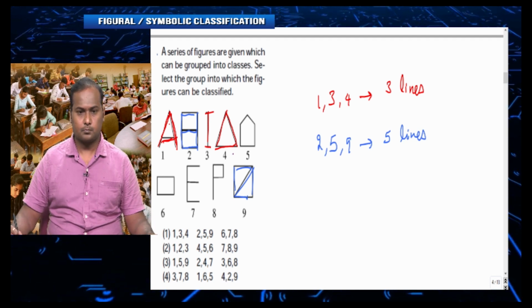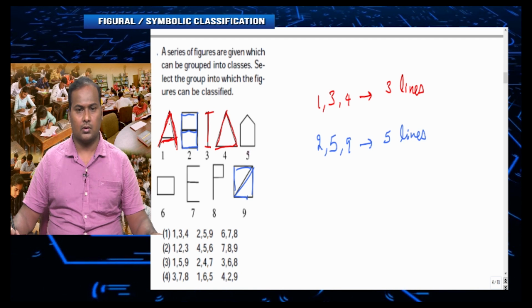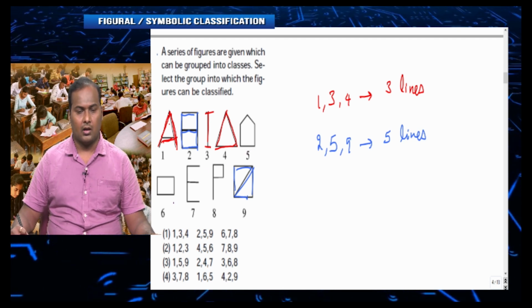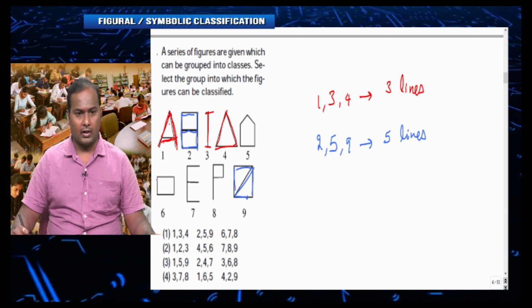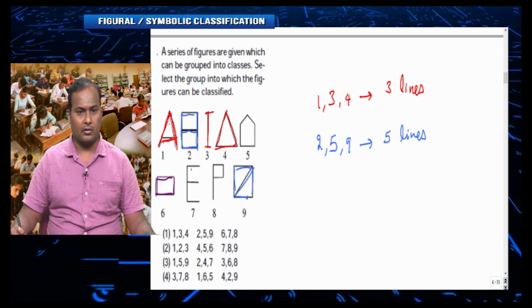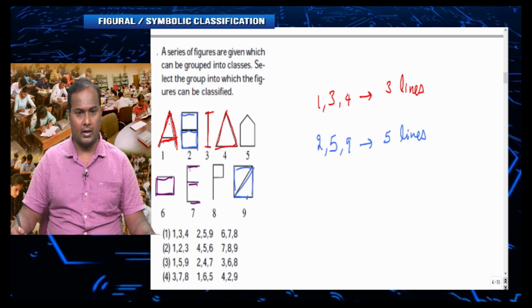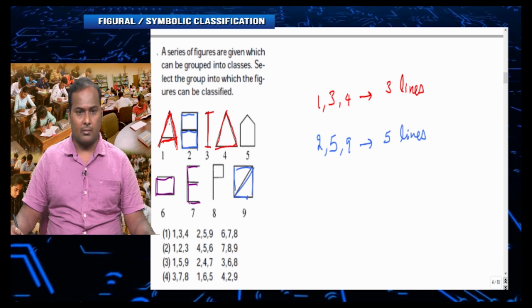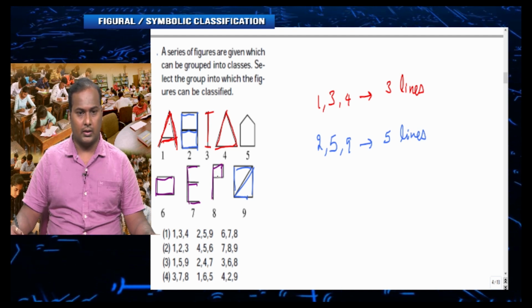And see the next one. 6 is formed with 4 lines, 1, 2, 3, 4. In the same way, E is also formed with 4 lines, 1, 2, 3 and 4. P is also formed with 4 lines, 1, 2, 3, 4.